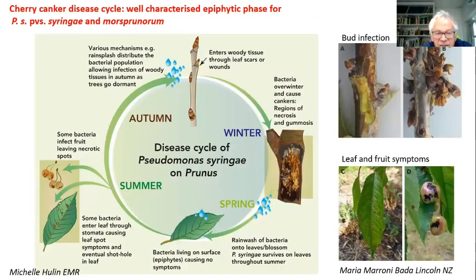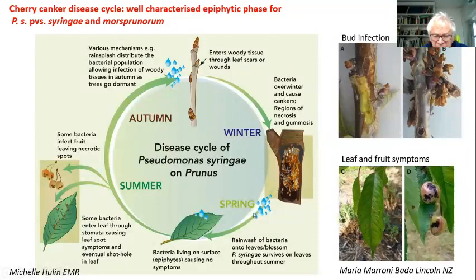If we look at the life cycle of cherry canker, this is pretty well established now, and the work of Crosse at East Malling again has provided the basis for what we know now. If we start off with a cherry canker developing in early spring, early summer, you get the ooze and high concentrations of bacteria within the canker.